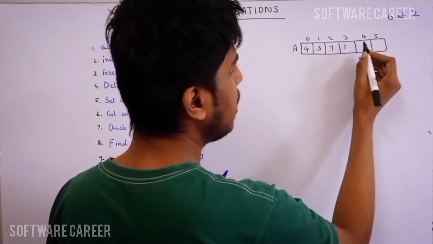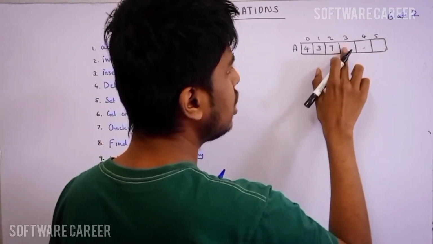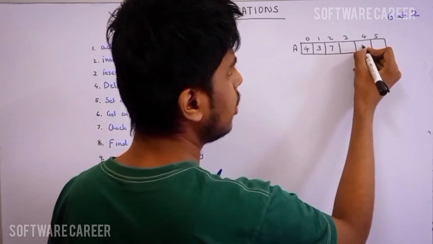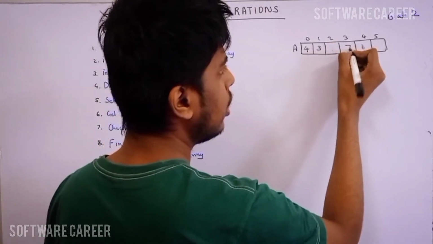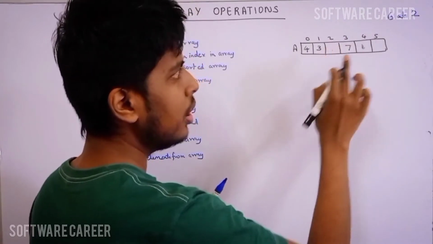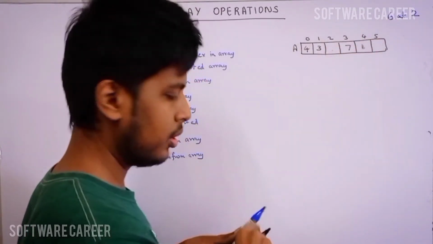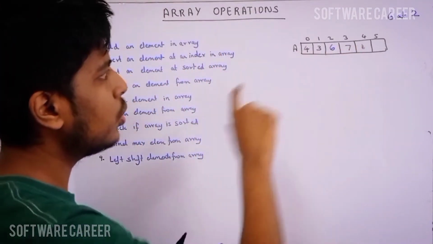I should start from index 4. I should move this 1 over here. Then I should move this 7 over here. Then this index 2 has come. Now you should stop, and you should put this 6 over here. This is how this code works.